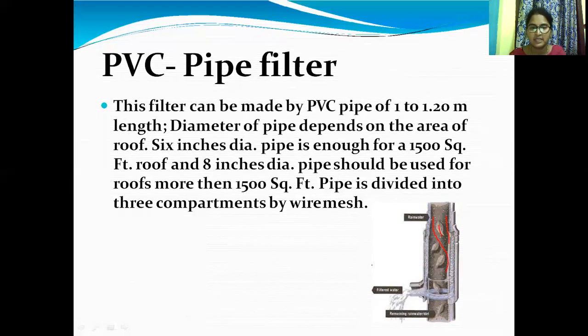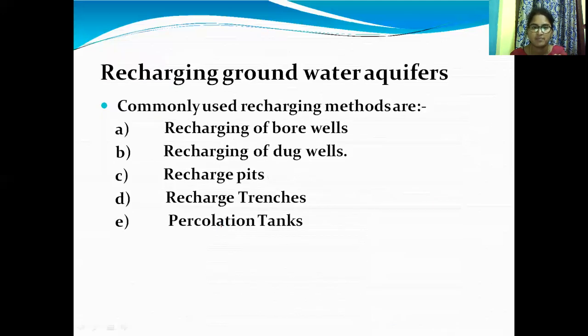An 8 inch diameter pipe should be used for a roof of more than 1500 square feet. The pipe is divided into 3 compartments by wire mesh. Each filtration stage can be divided using filter mesh. Why? Because the wire mesh diameters differ, for filtering fine particles, coarse particles and intermediate particles.